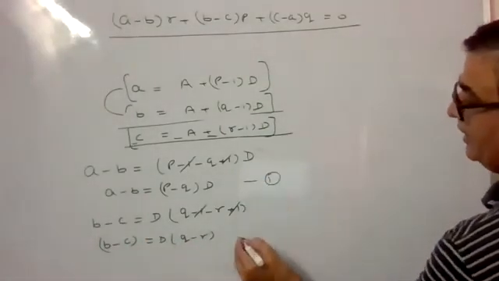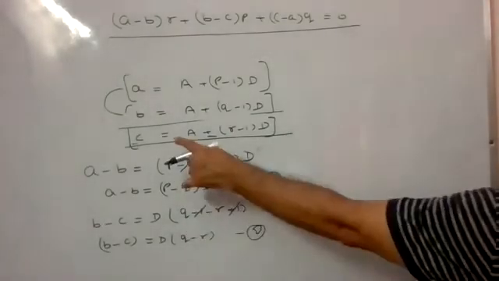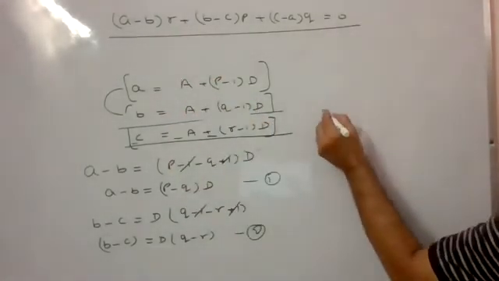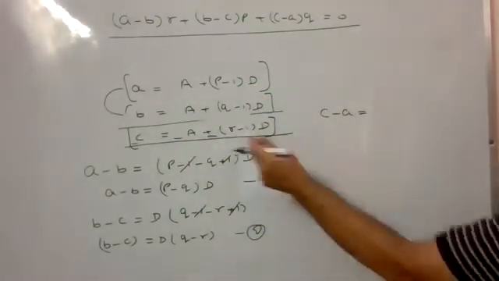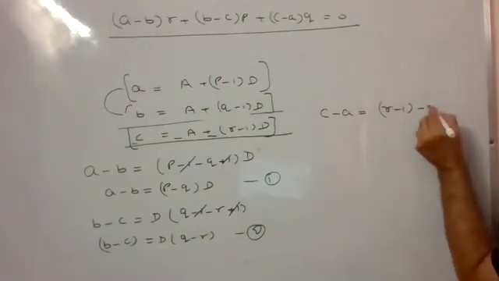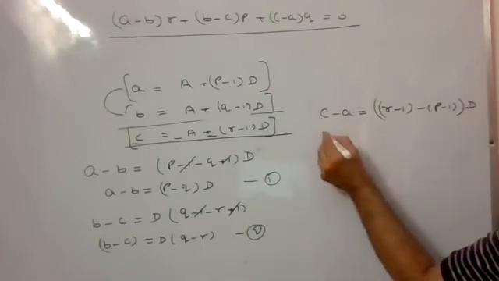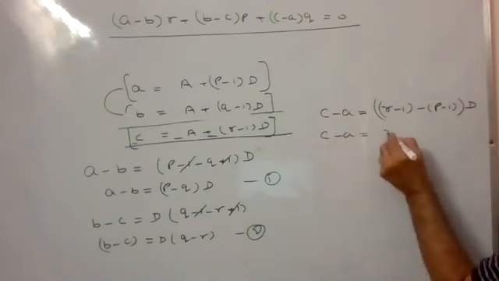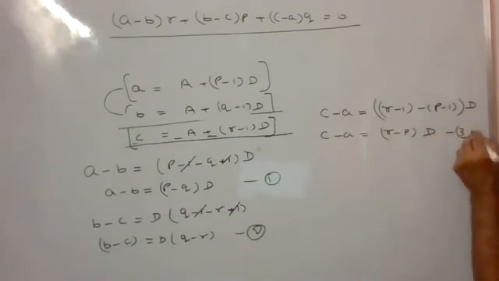This is equation 1, this is equation 2. In the same way when you take the difference of c and a, it will come c minus a, and a cancels out, and this minus this, it will come (r minus 1 minus p plus 1) into d. Or I should say c minus a is (r minus p) into d. This is condition 3.